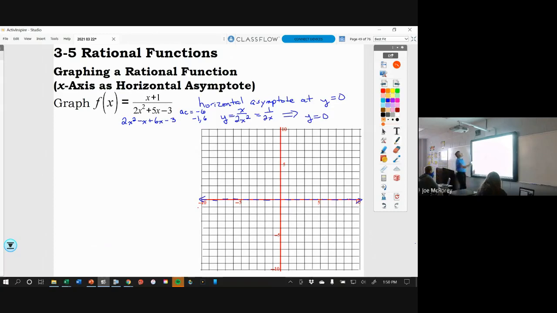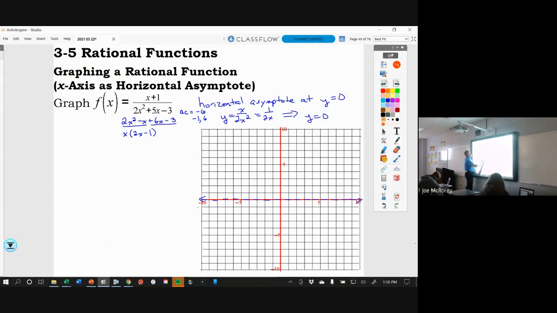What does 2x squared minus x have in common? X. Factor an x out, what's left? 2x minus 1. Don't forget that. What does the next pair have in common? 3.